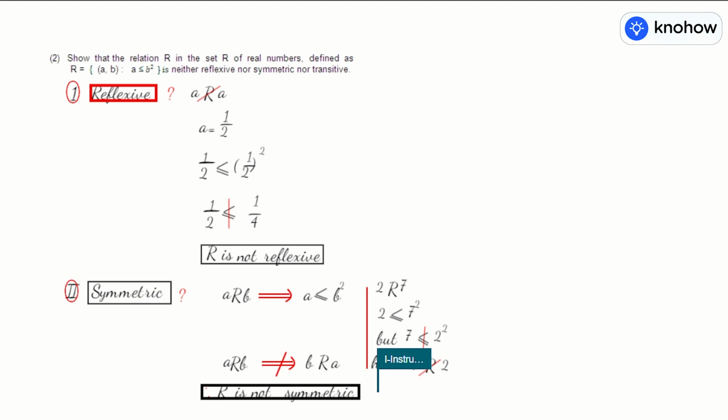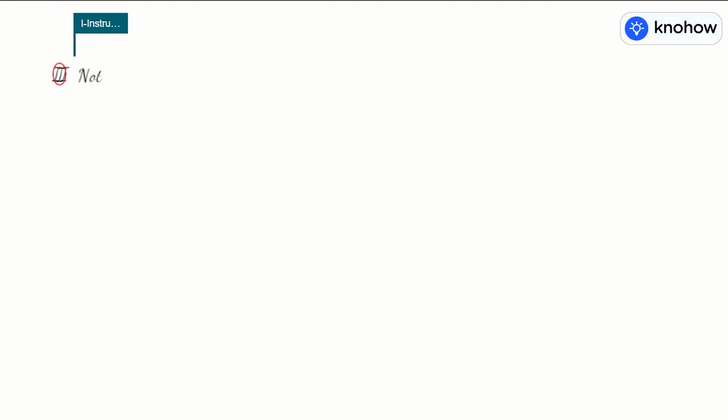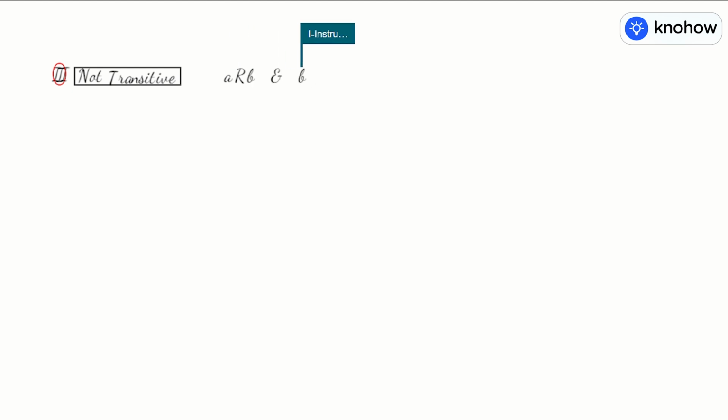And now to check transitive, it is also not transitive. Let me illustrate with the help of an example. a is related to b and b is related to c. For example, I choose a = 2, b = -3 and c = 1.